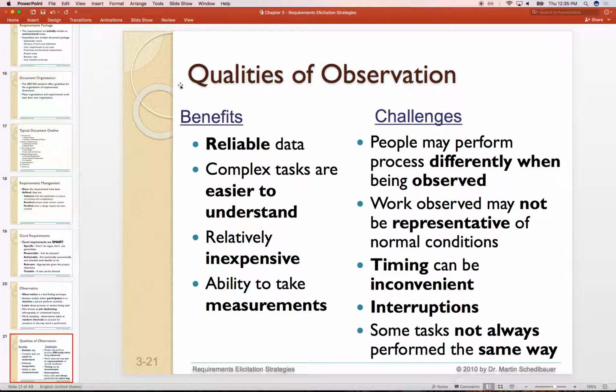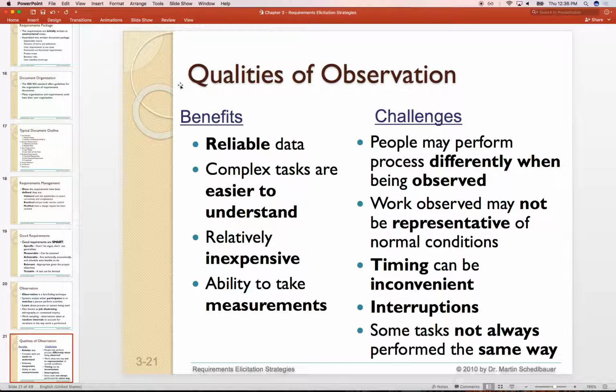Again, some of the challenges are that folks might behave differently when they're observed, right? And your results can be skewed. The observation could be interrupted, and some tasks might themselves be random, right? You might have to make a lot of decisions, and depending on those decisions, today you do it one way, but tomorrow maybe you'll do it some other way.